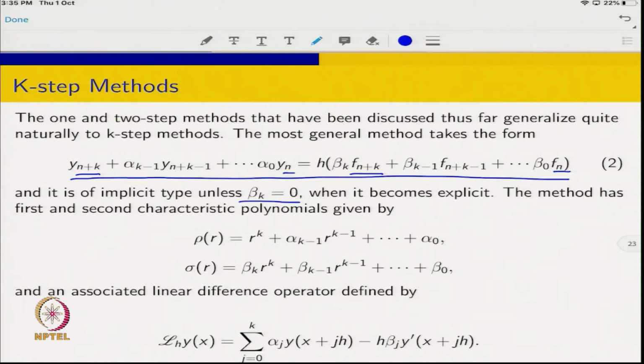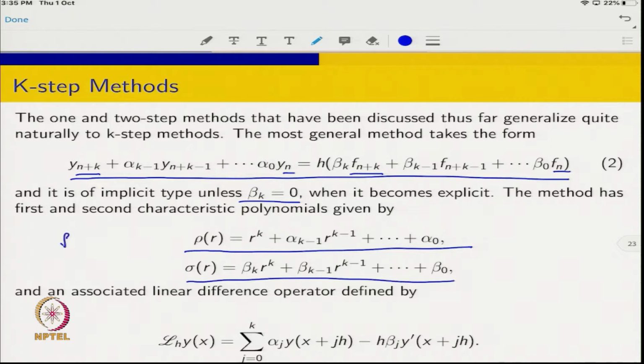The method has first and second characteristic polynomials also in the same fashion which we have already done in case of two-step linear multi-step methods. So, this will be my first characteristic polynomial, r to the power k plus alpha k minus 1 r to the power k minus 1 plus ... plus alpha naught, and this will be my second characteristic polynomial.